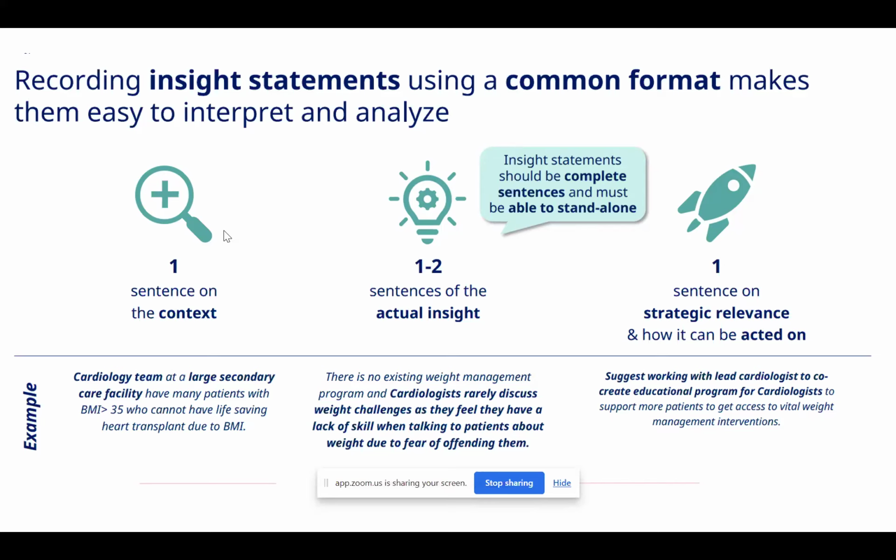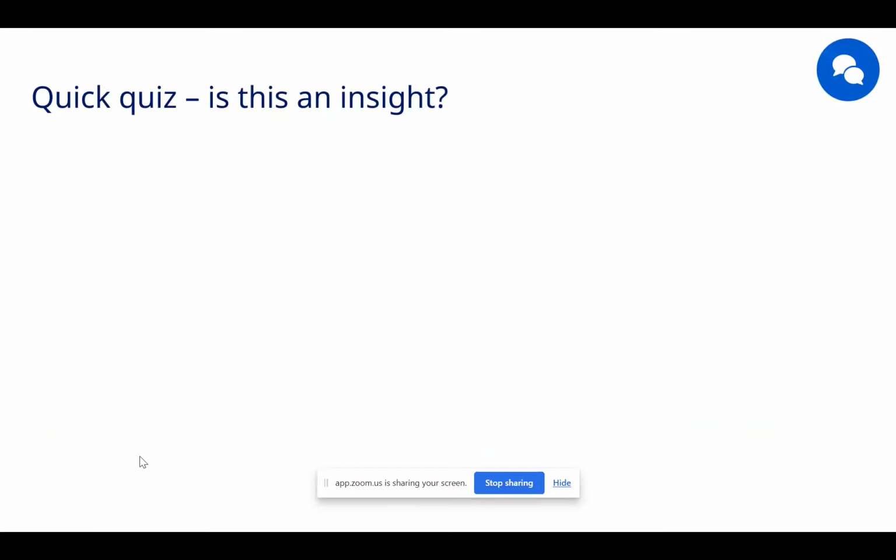So we have the background as well as the insight. As an actionable item, the next sentence suggests working with lead cardiologists to co-create educational programs for cardiologists to support more patients to get access to weight management interventions. That will actually solve the problem of them getting the right treatment.